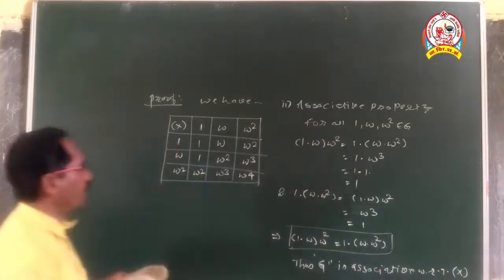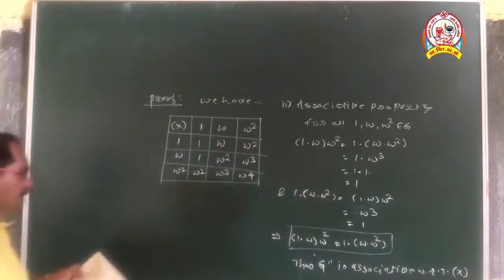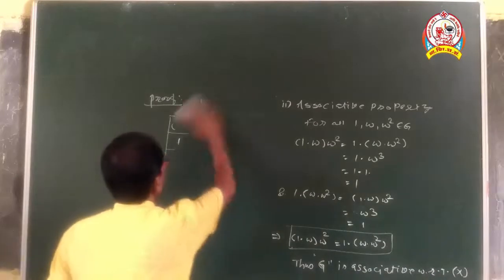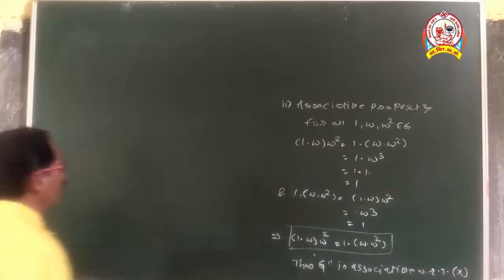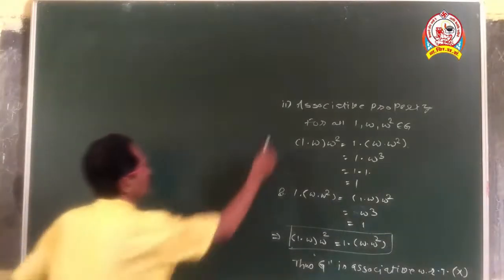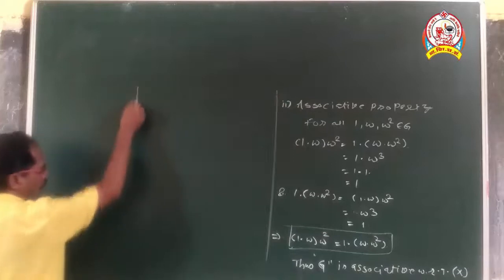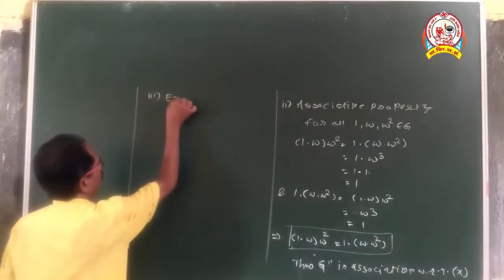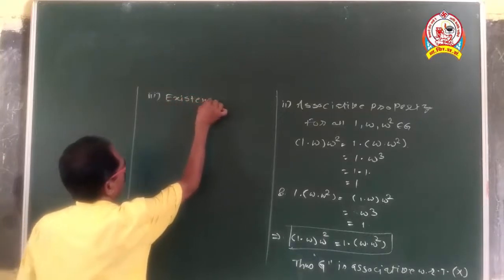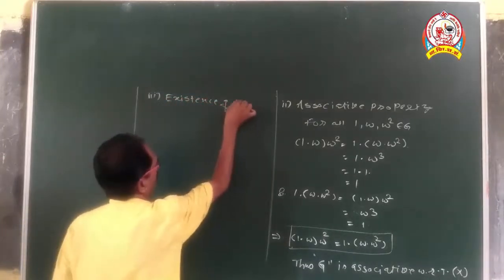Now third property, existence of identity.